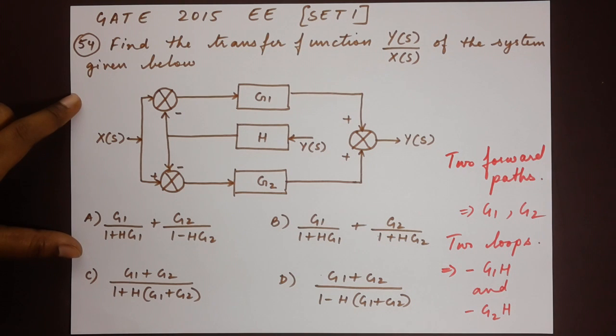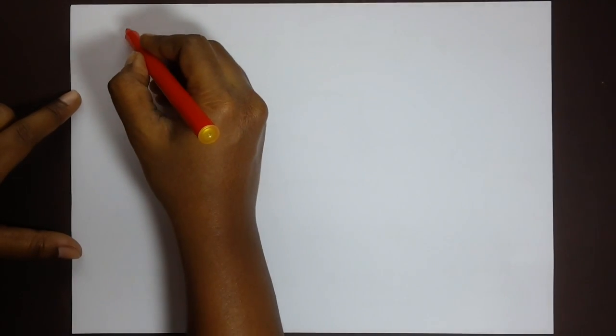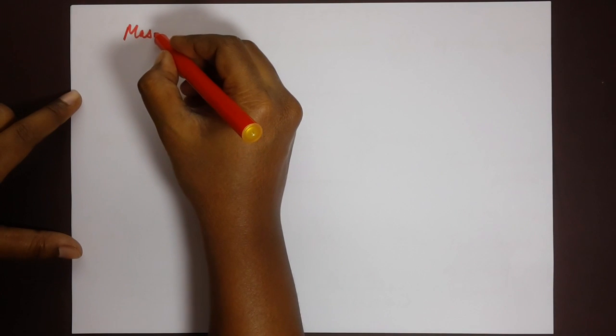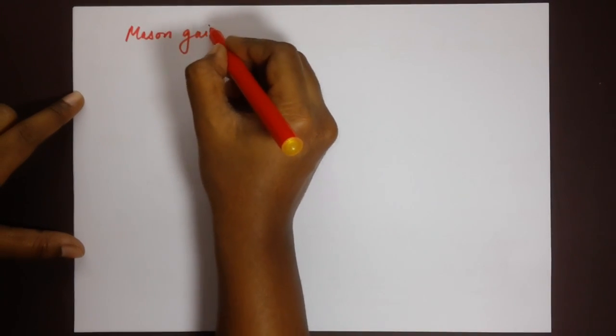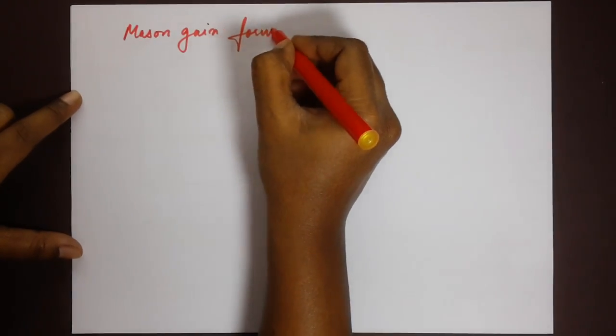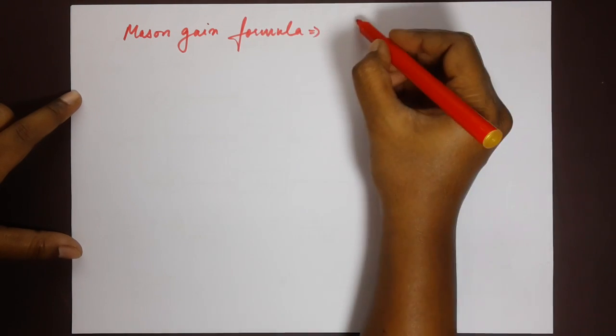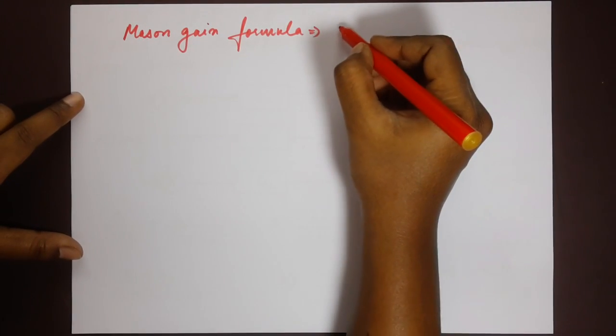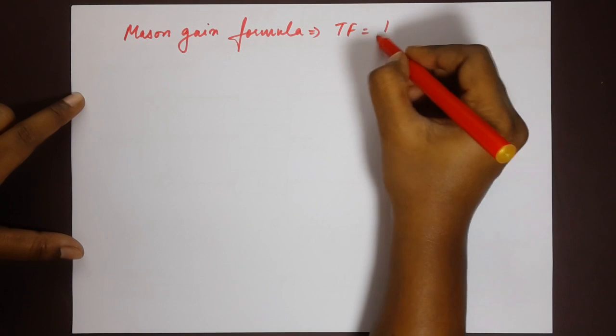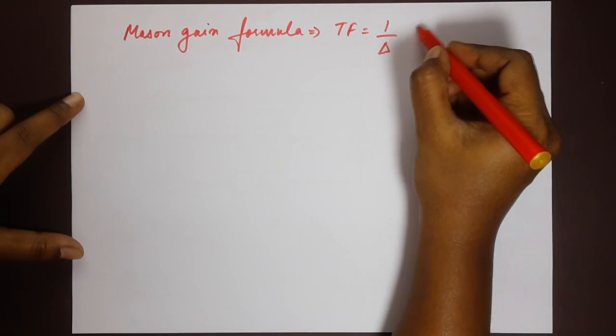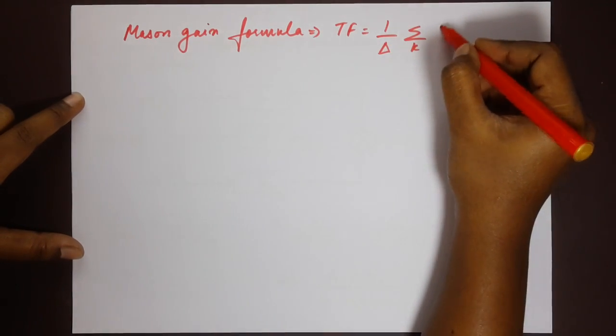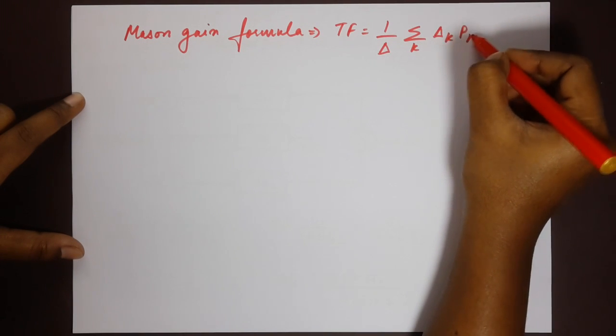Now the next step is to plug both these into Mason's gain formula. Now according to Mason's gain formula, recall please, the transfer function equals 1 by delta into summation of delta k Pk.